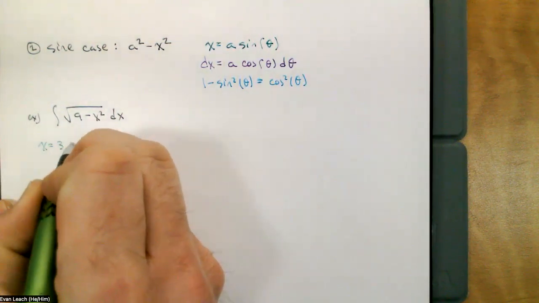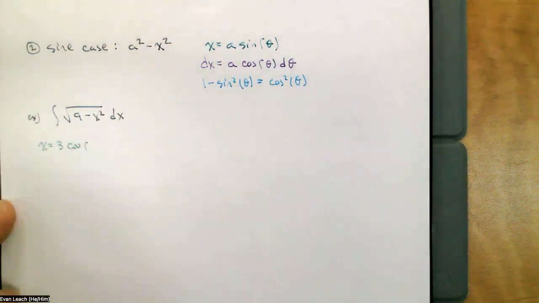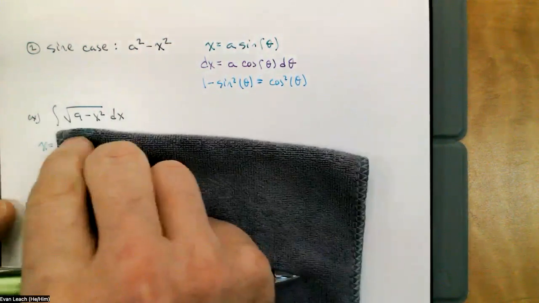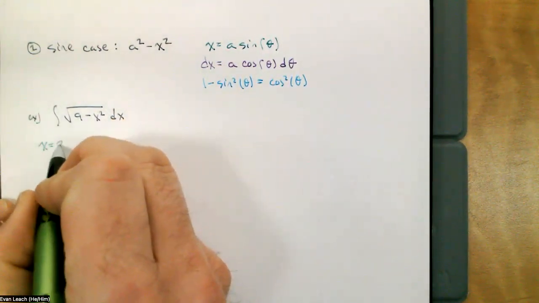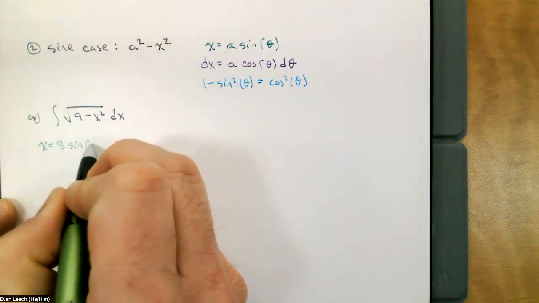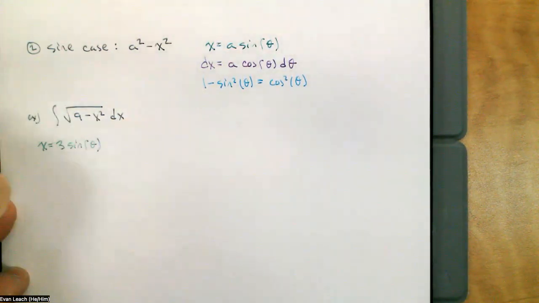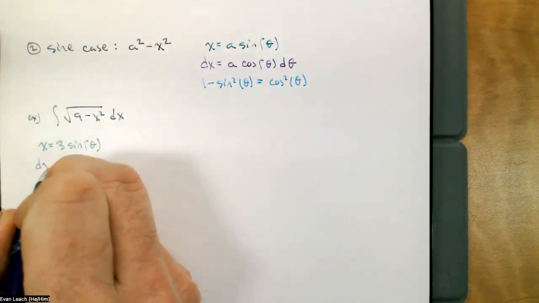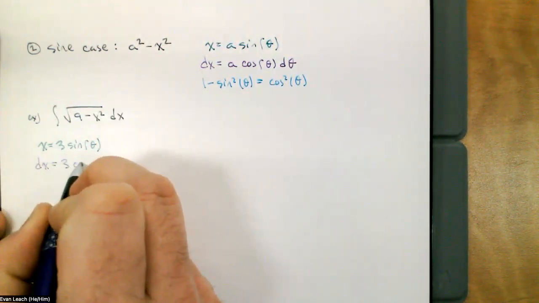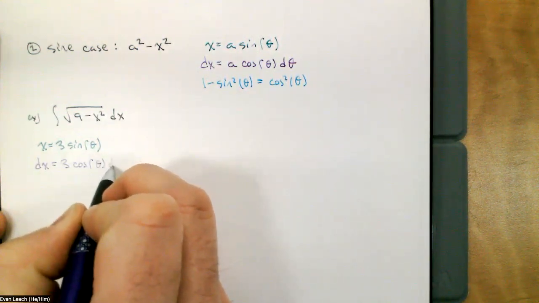X equals 3 cosine. I spelled sine wrong. X equals 3 sine theta. If we want to make this substitution, then dx is going to be 3 times cosine theta d theta.